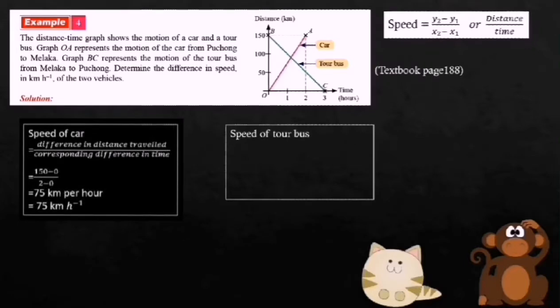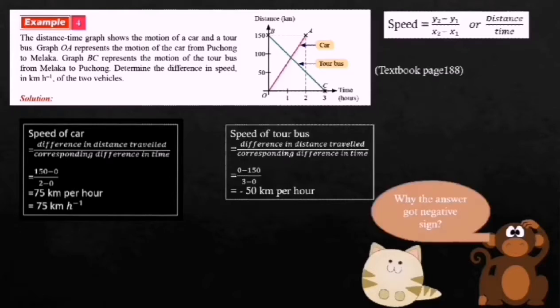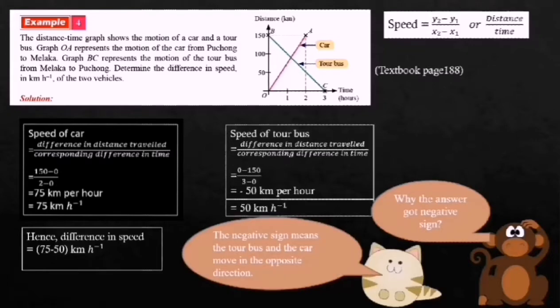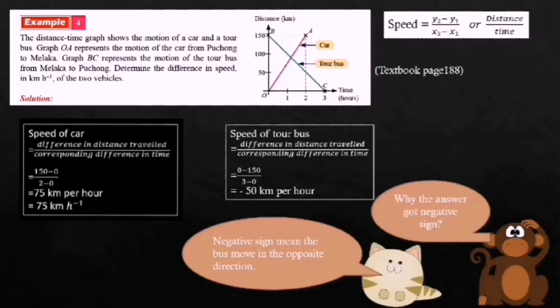Now we find the speed of tour bus. Speed equal to 0 minus 150 divided by 3 minus 0 equal to negative 50 km per hour. Why the answer got negative sign? The negative sign means the tour bus and the car move in opposite direction. But we cannot write the answer for the speed in negative.